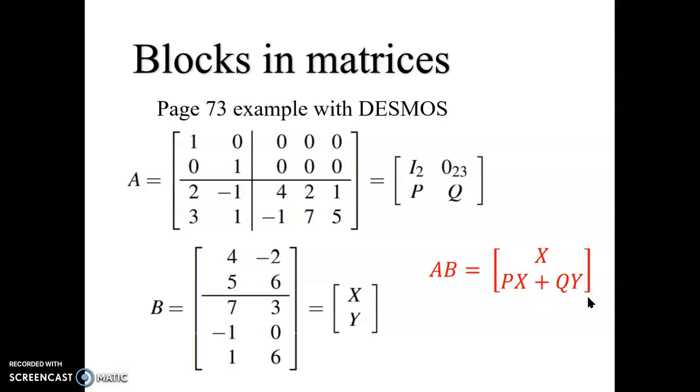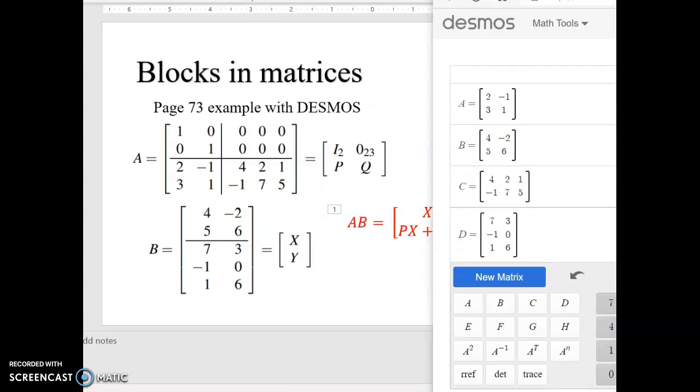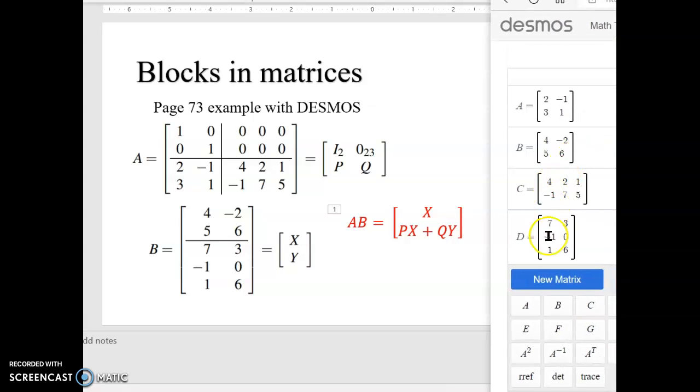So let me show you in Desmos. I had to call this part A, and this is B, this is C, and D. So I need to multiply A and B together, and then add C and D.